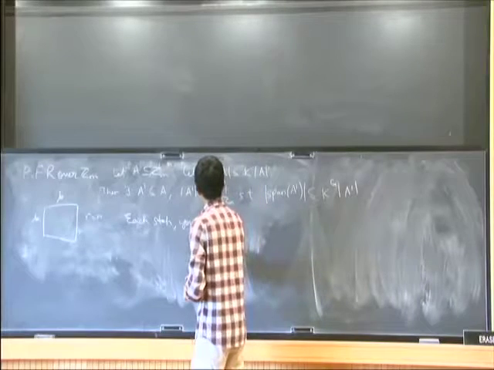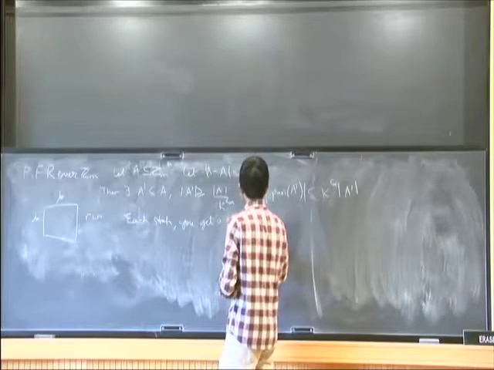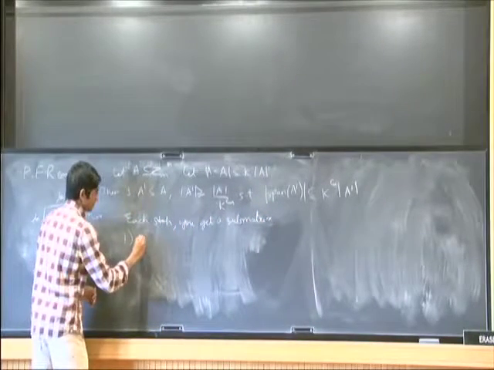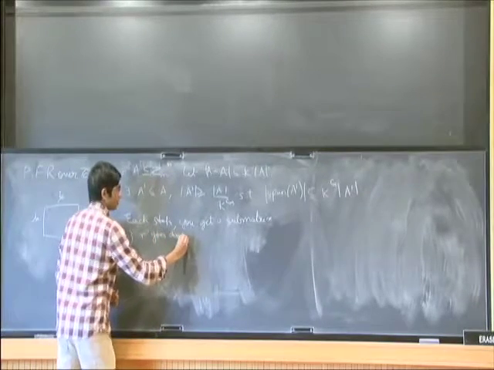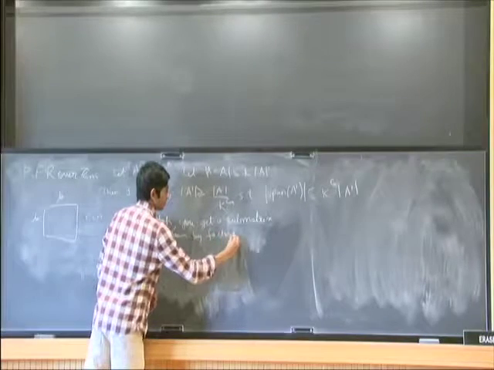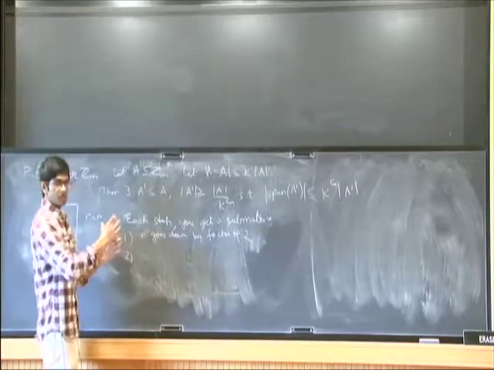So you get a submatrix where the rank goes down by a factor of 2, and at the same time the submatrix isn't too small.